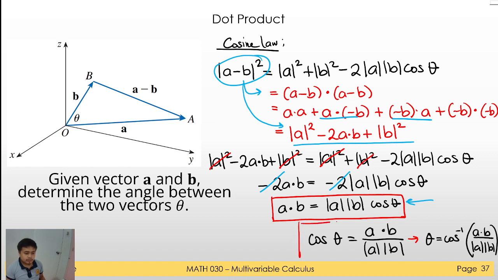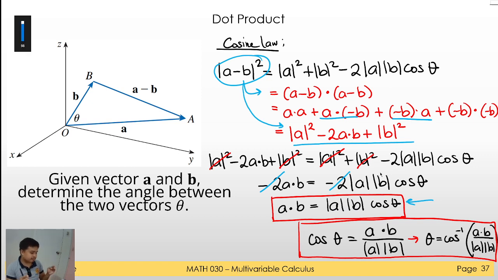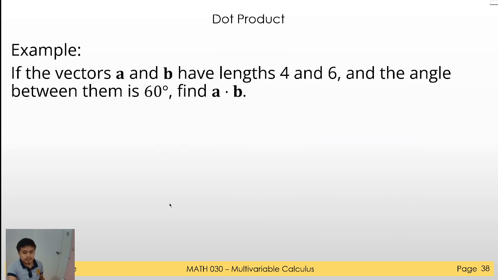So this will be your other equation, another definition of the dot product of a and b: the length of a times the length of b times cosine theta. So there's a relationship between this angle and the lengths of a and b with this operation, the dot product.